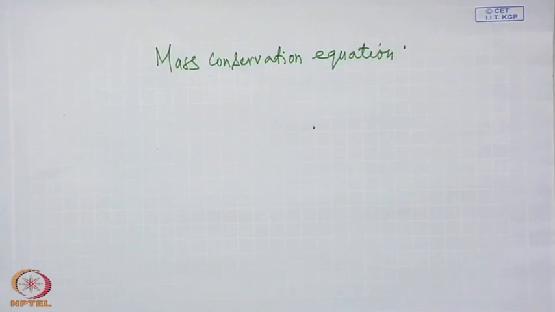consider a control volume, that is a volume fixed in space, and flow is coming into this volume and going out of it. That is what a control volume is.